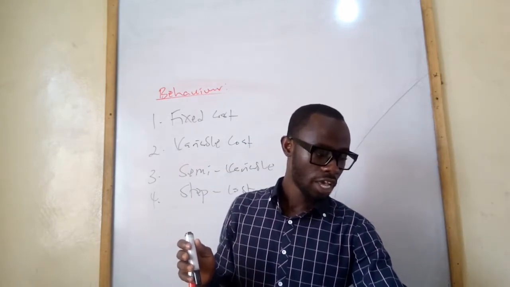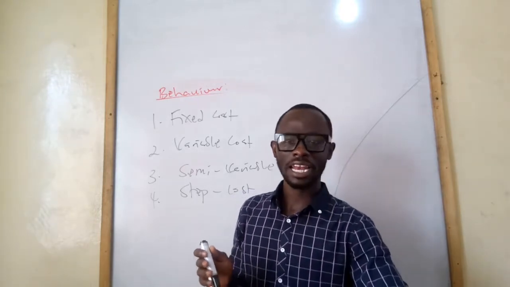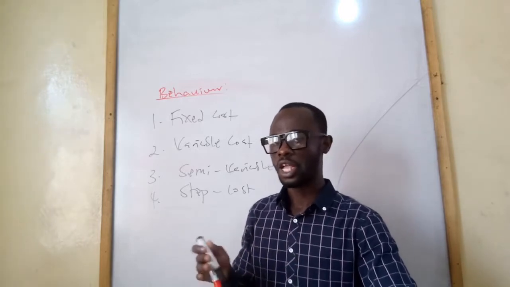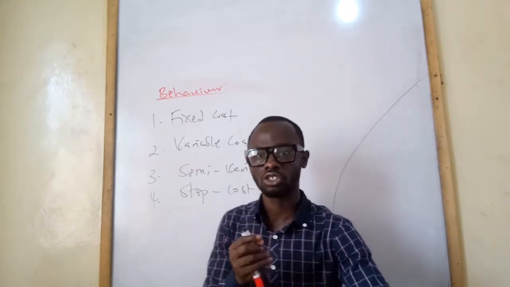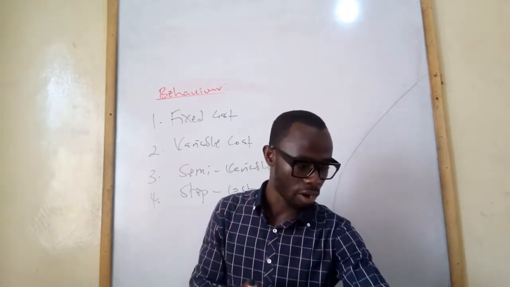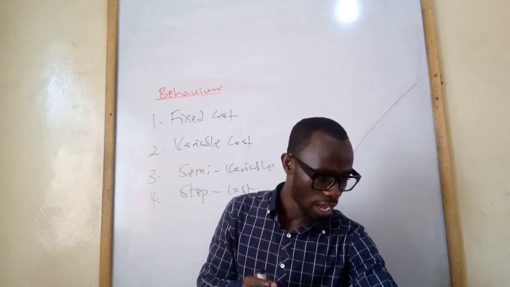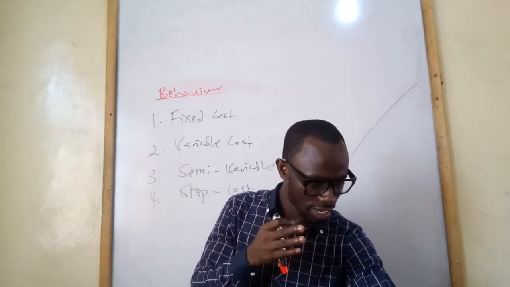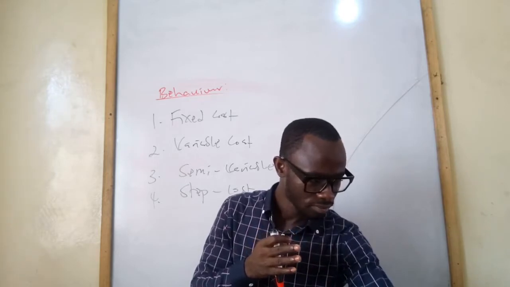Then the next thing there is semi-variable cost. Now, what is a semi-variable cost? A semi-variable cost is simply a cost that is partly fixed and partly what? Variable. So when we say a cost is semi-variable, it means that that cost contains some elements of fixed and some elements of variable. Let's look at some examples of that in your handouts.